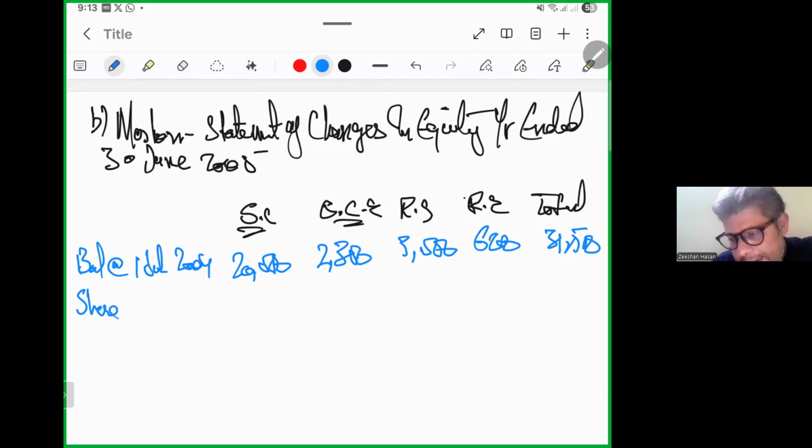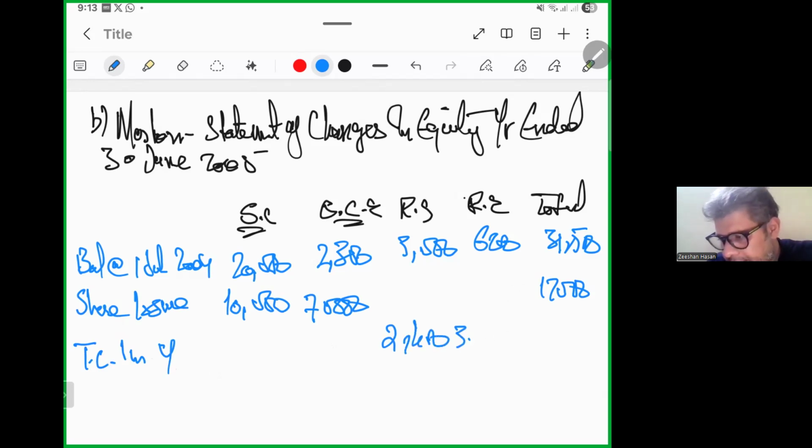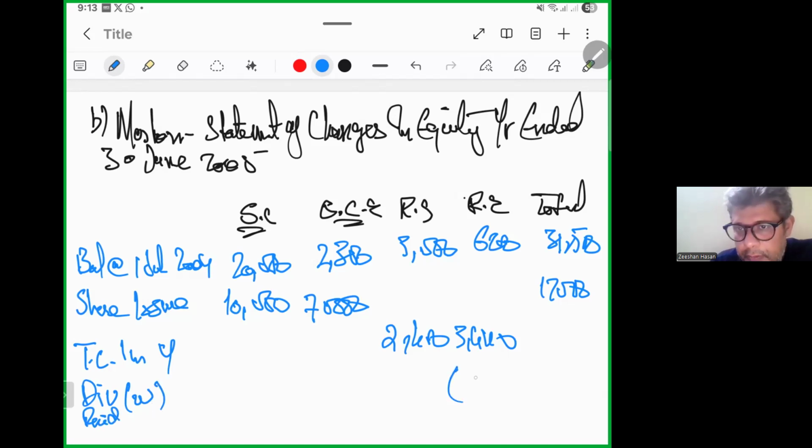Now, share issue, which is our working three. We had the share capital of 10,000, other component of equity 7,000, total is 17,000 here. Total comprehensive income for the year: revaluation reserve 2,400, next is 3,440 in retained earnings, and the dividend paid, which we did in the working, is 4,000.